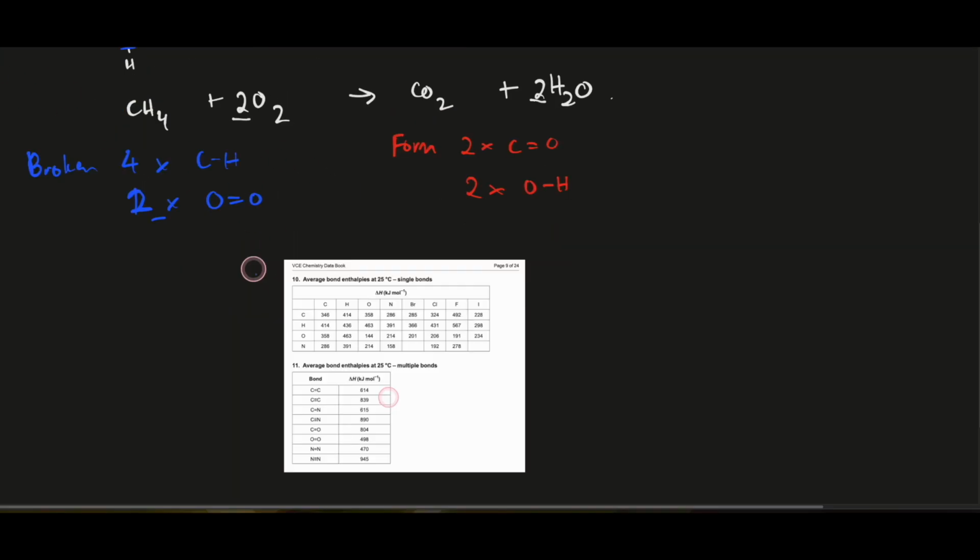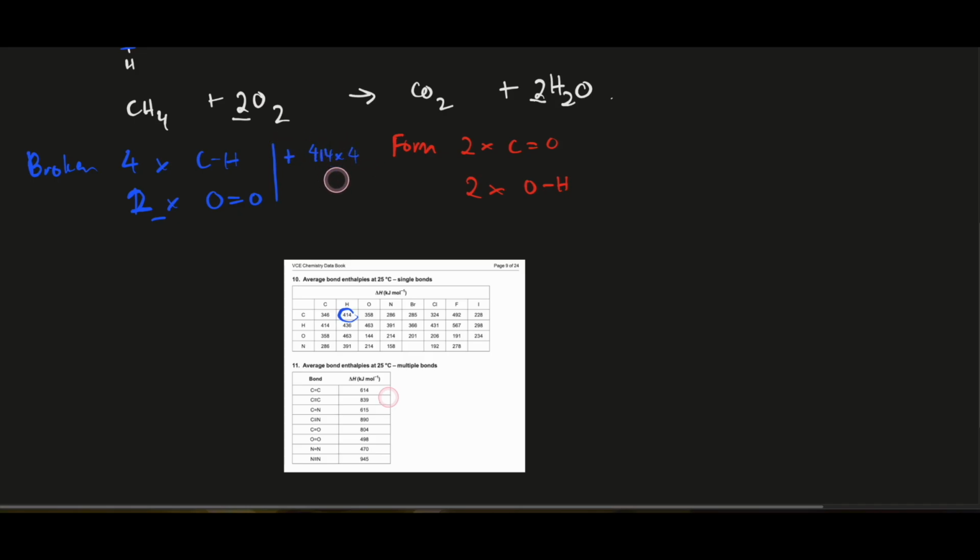Now we can find the values for these bonds, the energy in these bonds, in the data book. As you can see, this CH bond contains 414 kilojoules per mole. We've got 4 of them, so we need to add 414 multiplied by 4.